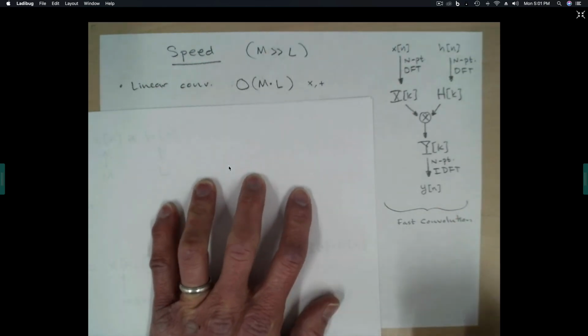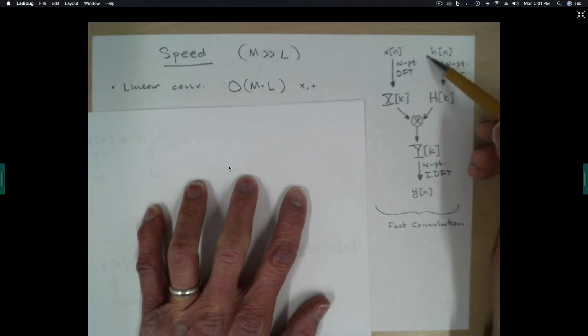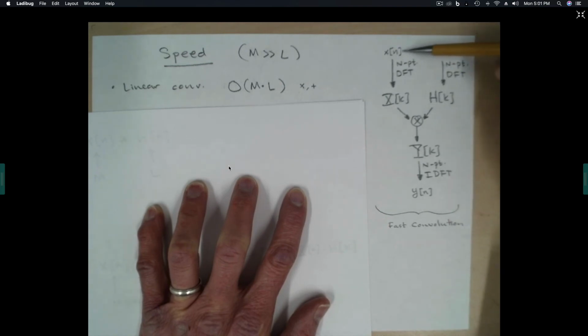But if we exploit the DFT property, where circular convolution in the time domain is equal to multiplication in the frequency domain, we can take our sequences into the frequency domain using an N-point DFT. And as long as there's sufficient zero padding, we'll be okay, as we've just explained.